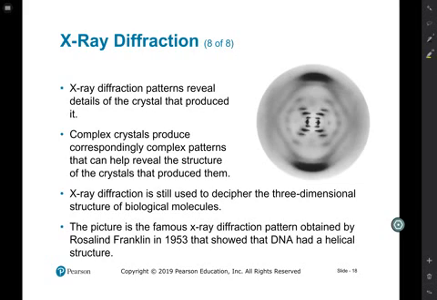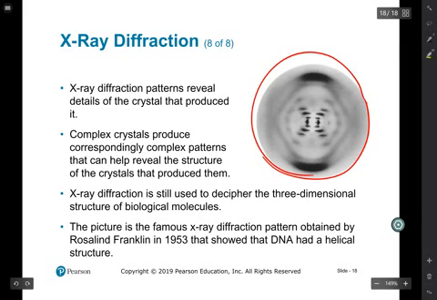Or you can work the other way around. If you know the spacing but not the structure, you can use the interference condition that results to figure out what crystal structure must have given rise to that bright spot. And specifically, this was used for figuring out the shape of the DNA molecule. And this picture is very famous.